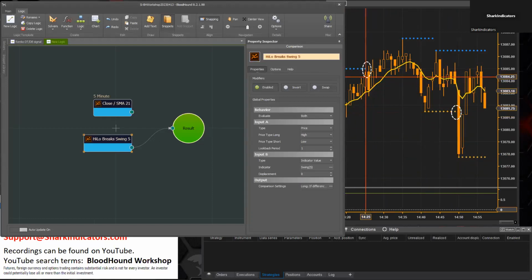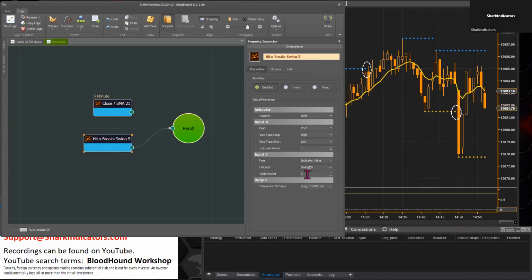Why is that? Well, that's because we're looking at the swing indicator of the current bar. Remember how I said the plot stops? There is no plot on the bar that breaks it. So we have to look back 1 bar on the swing indicator, and that's what NinjaTrader's displacement function allows us to do.